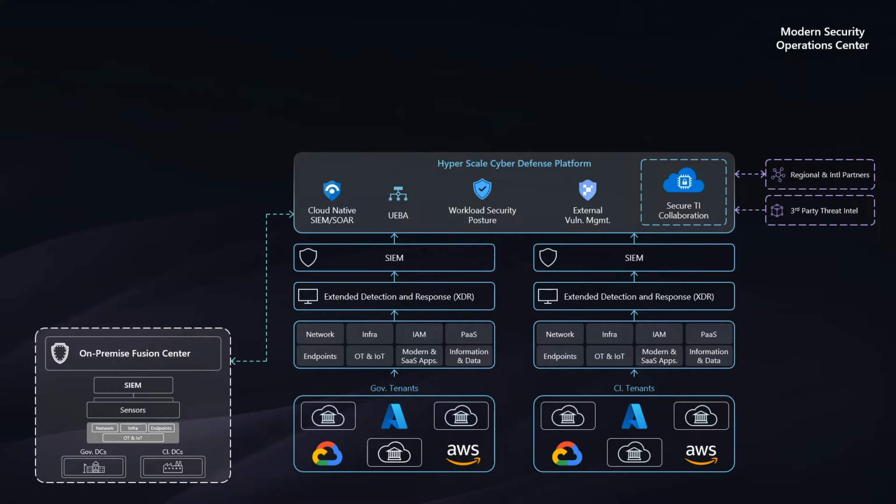In there, I may be able to do security threat intelligence collaboration, user behavior analysis, and workload security platform management. And I want the capability of looking at how adversaries are looking at me externally and internally. So this is what this hyperscale cyber defense platform will do.